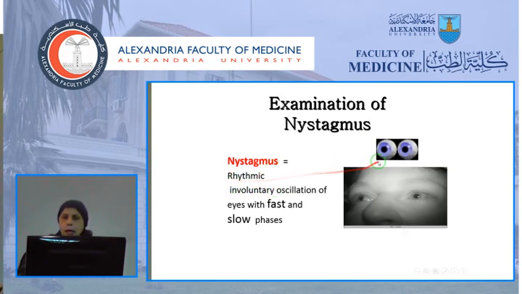As you can see, it is a repetitive, involuntary motion of the eye, an oscillation of the eyes. It has a slow component and a fast component, so that the eyes will do this fast, and then go slowly to the other side, fast, and go slowly to the other side.